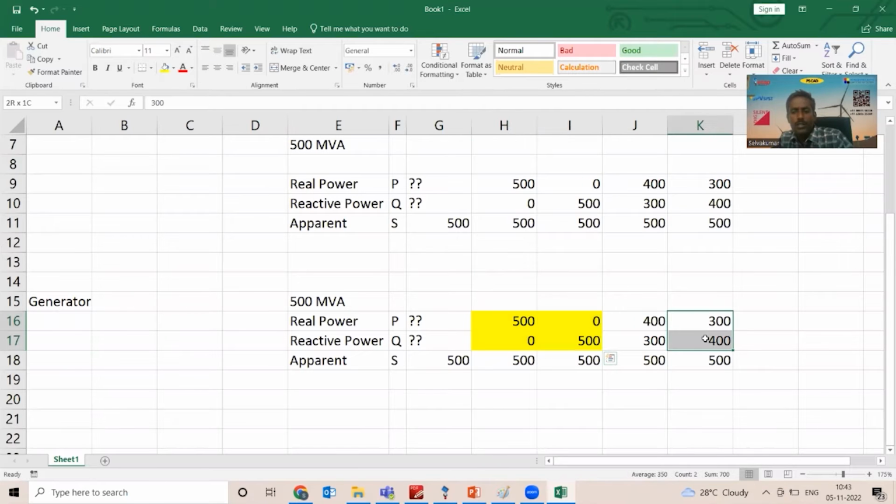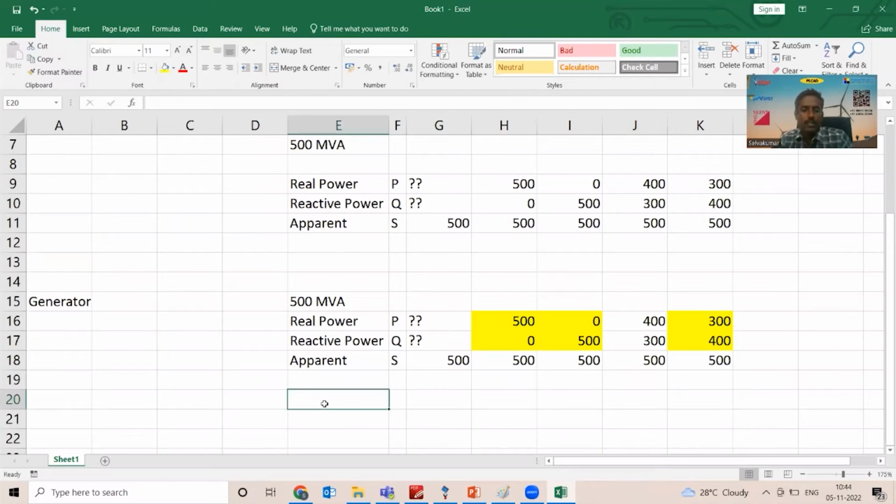Similarly, this combination is also difficult or impossible. The only combination which might be possible is this one, where you can go up to a maximum of 400 megawatt and up to a maximum of 300 MVAR.